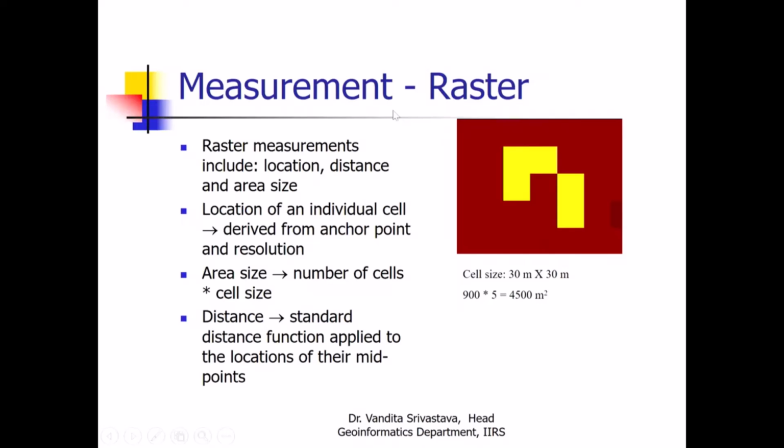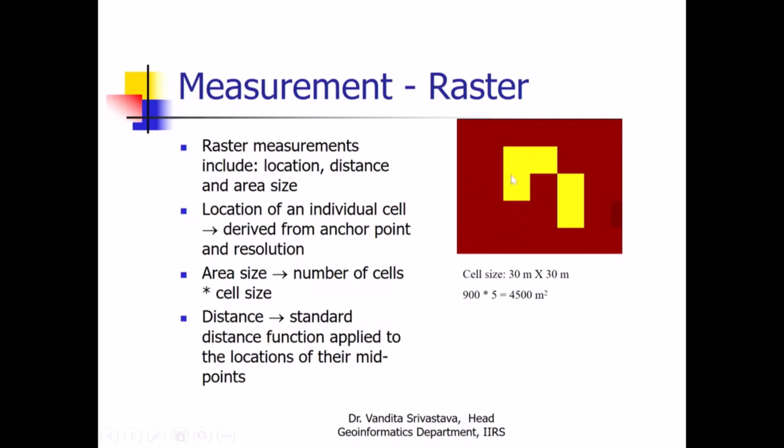In case of rasters, the measurements are very easy. You just count the number of pixels and multiply it by the cell size, you get the area. So you can find out the location. Location addressing is very easy because you know that it is a row and column addressing. So just by knowing the row and column value of each pixel, you can know the location.